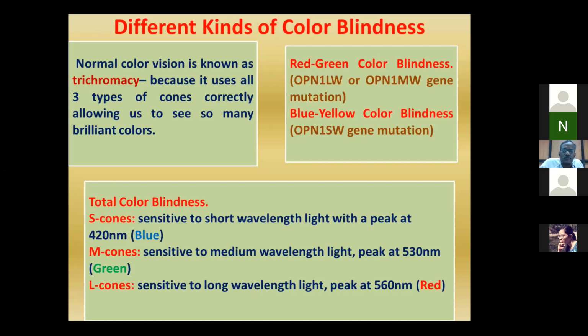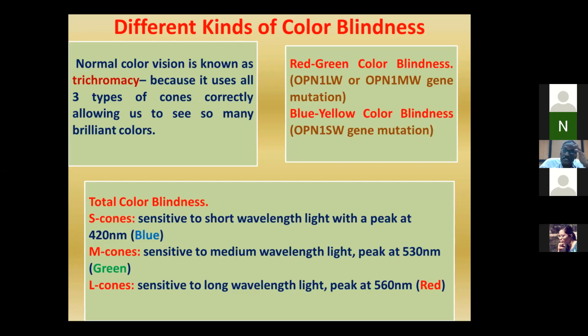This is due to genetic abnormality: the OPN1LW or OPN1MW gene is responsible for red-green color blindness, or OPN1SW is responsible for blue-yellow color blindness. Generally these three are responsible for color blindness.